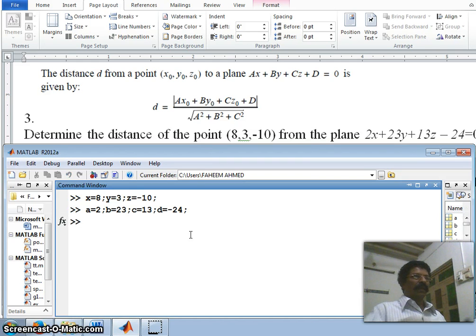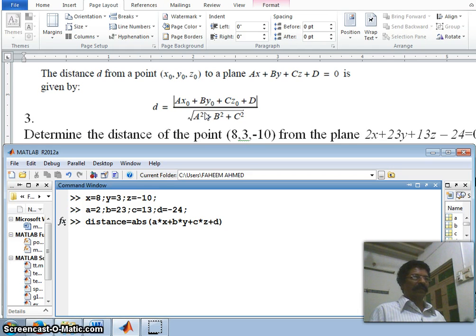Now we have to calculate this value. Therefore, I will take another variable. Distance is equal to absolute value of a multiplied by x plus b multiplied by y plus c multiplied by z, then plus d.